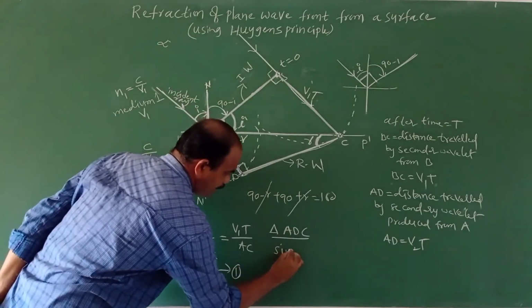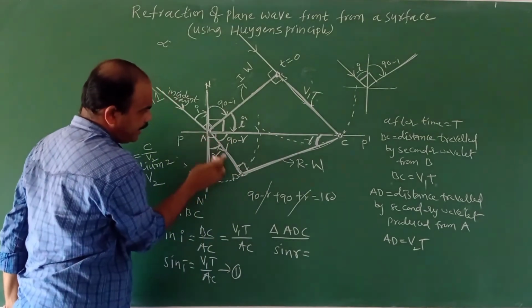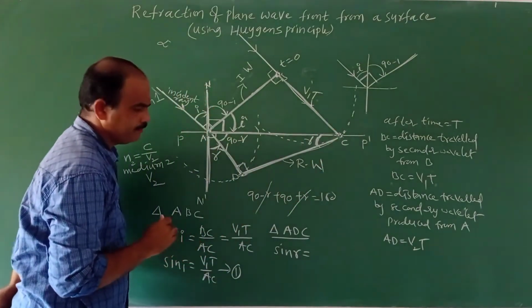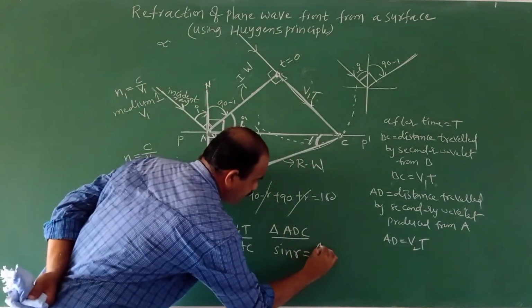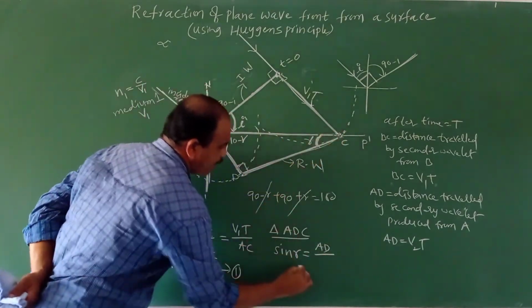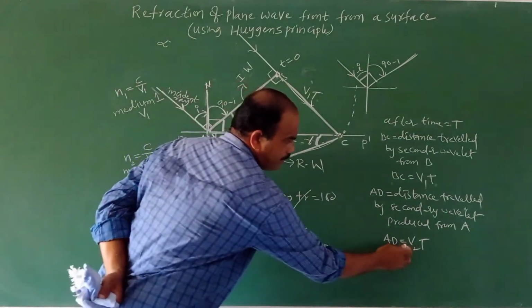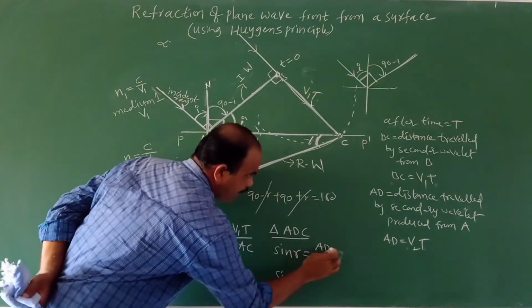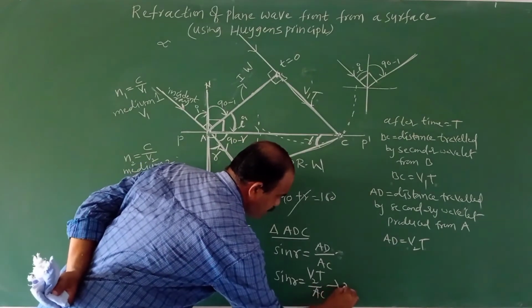So sine r equals AD by AC. But AD is v2t. So sine r equals v2t by AC. Now consider this equation 2.